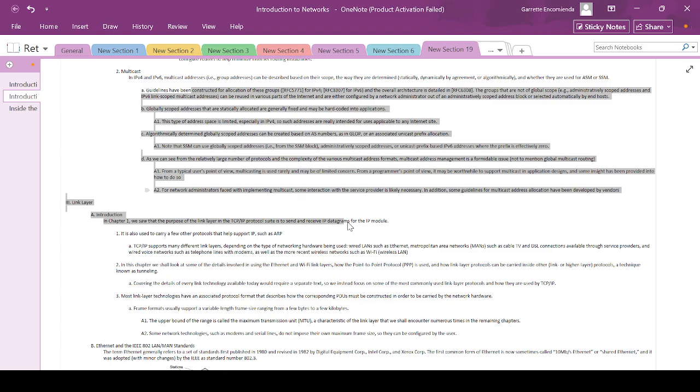As we can see from the relatively large number of protocols and the complexity of various multicast address formats, multicast address management is a formidable issue, not to mention global multicast routing. From a typical user's point of view, multicasting is used rarely and may be of limited concern.